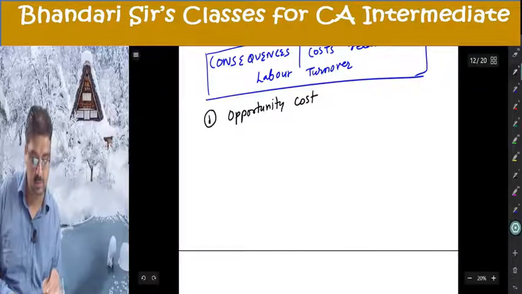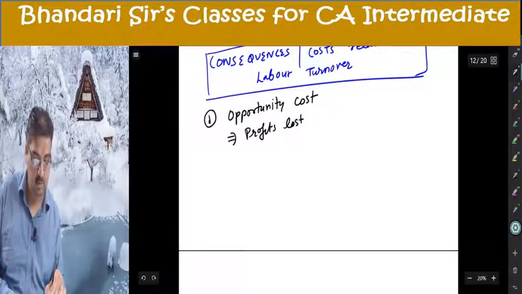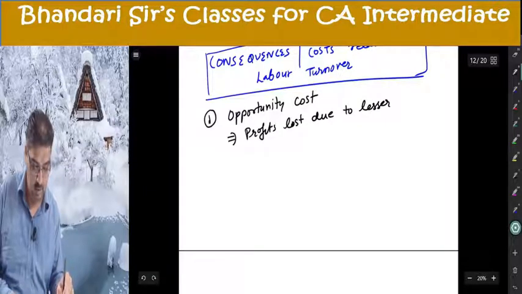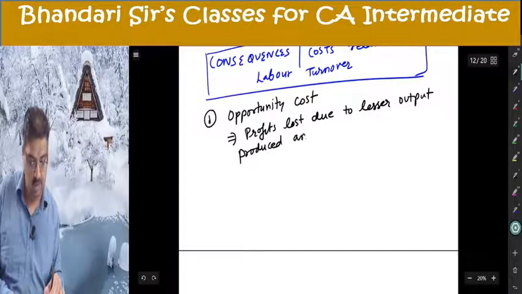Opportunity cost. That is profits lost due to lesser output produced and sold.